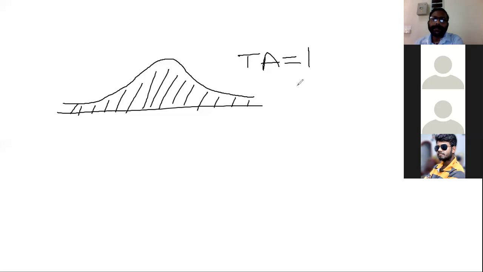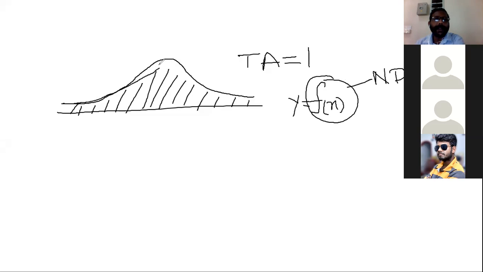In other terms, you have learned mathematics, right? Have you learned mathematics? We have the function of x which explains the normal distribution. y is a function of x which explains the normal distribution. If I want to get the total area under the curve, what should I do?